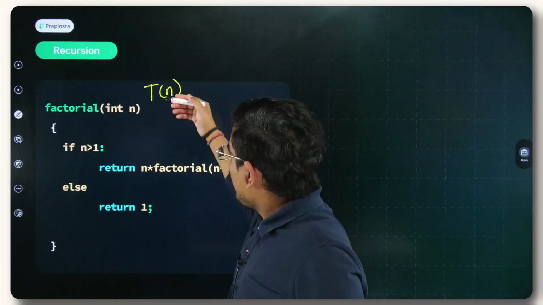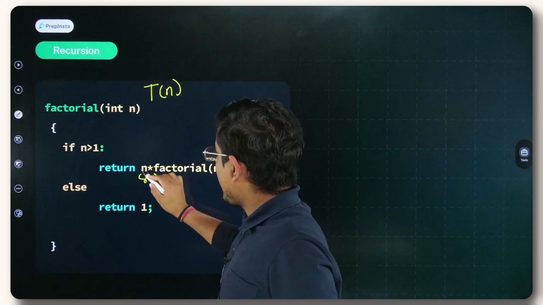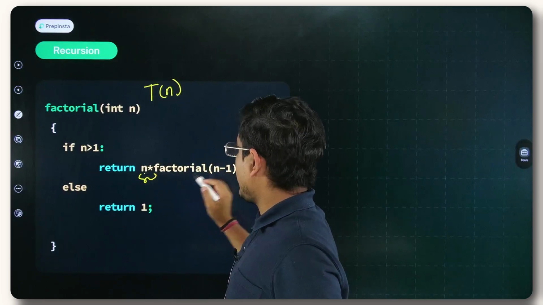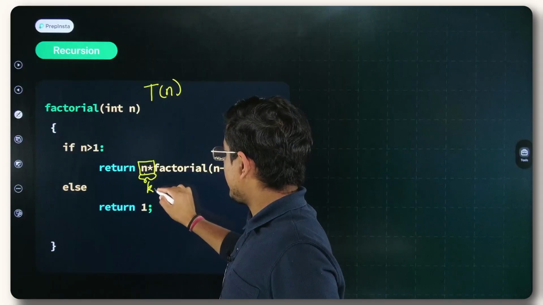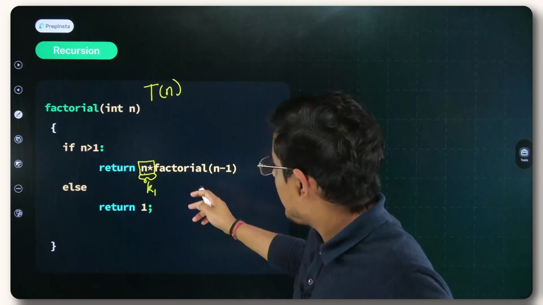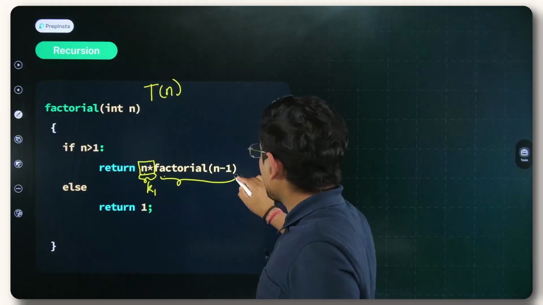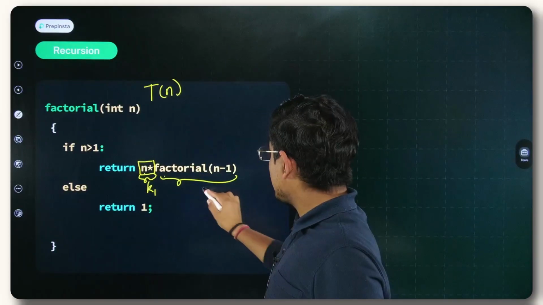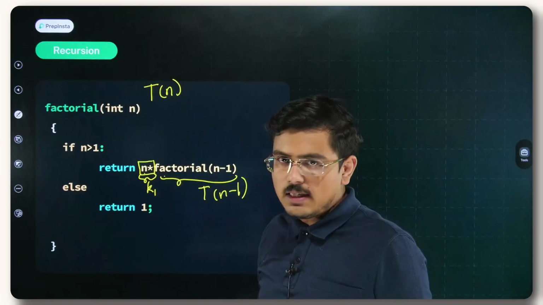Okay. Now if you move ahead and see this particular portion, n into factorial n minus 1, this portion of the statement would take some constant time, say k1, because this is a simple multiplication operation. This is again a recursive call to this function only, so we can say that this would get solved in T of n minus 1, is it?